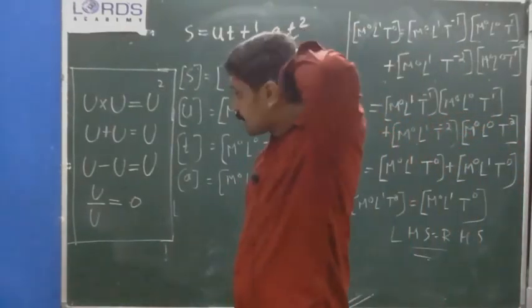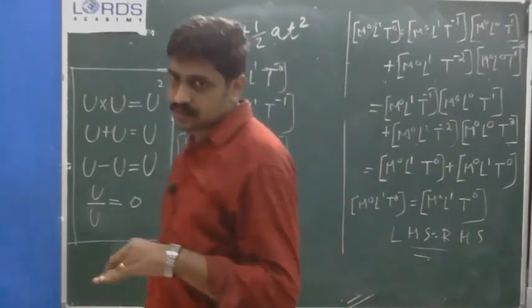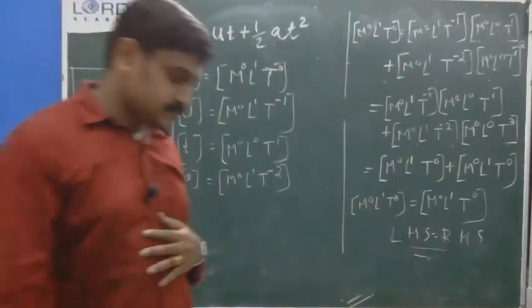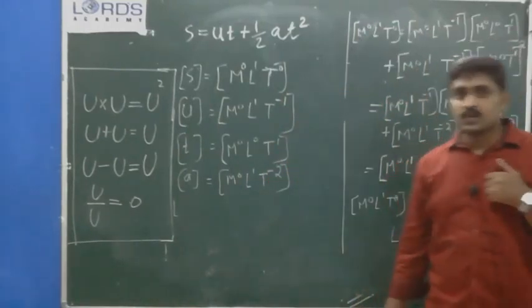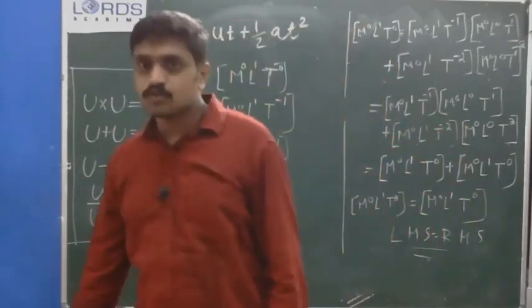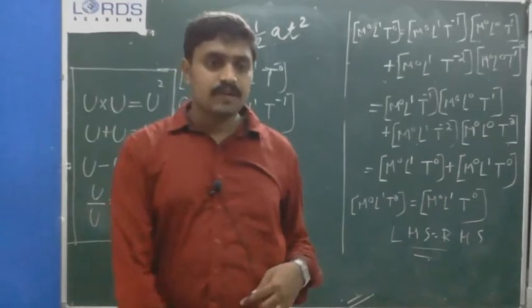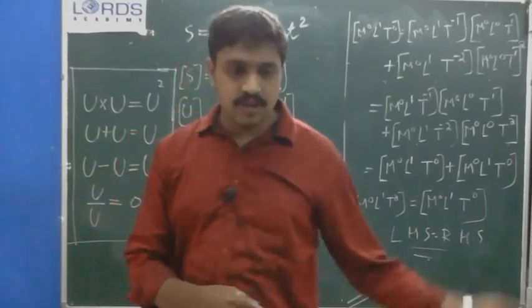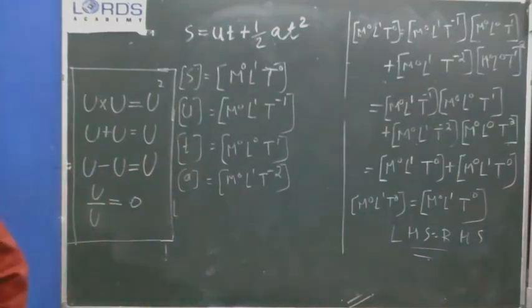If you don't have any doubts, solve the next equation: V square equal to U square plus 2As. If you have any doubt, you can ask. Else, you can start the new equation. Solve and prove that the equation is dimensionally correct.